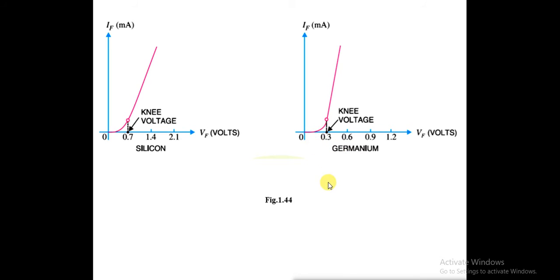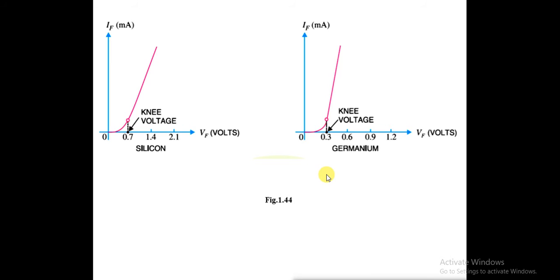Again I am repeating, when the semiconductor diode is forward biased, the forward resistance is very low. It is in the range of a few ohms. And if the forward resistance is very low, a large current will flow through the diode.